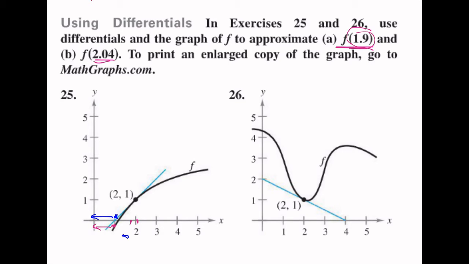All right, so let's not move so far away. Let's go to exactly where they want us. They want us at 1.9. So try to find the y value for the tangent line at 1.9, and that's supposed to approximate the y value for the curve at 1.9.